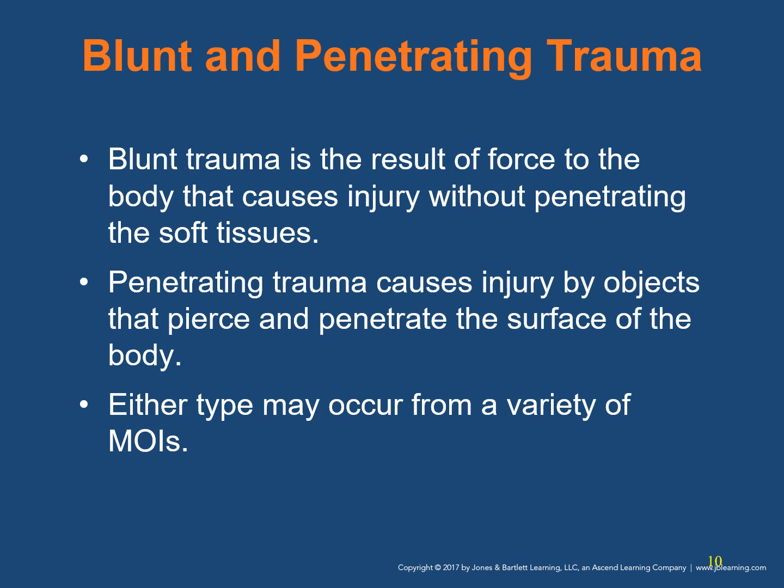Penetrating trauma causes injury by objects that primarily pierce and penetrate the surface of the body and cause damage to soft tissues, internal organs, and body cavities. Either type may occur from a variety of MOIs. It is important to consider unseen as well as visible, obvious injuries with either type of trauma.